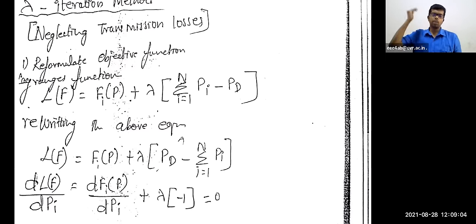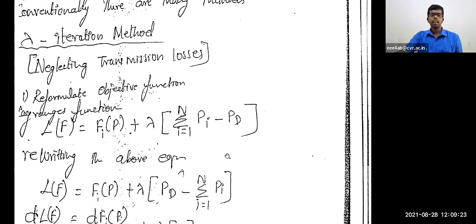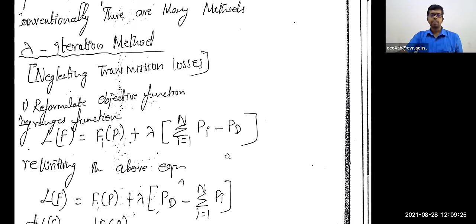If you take the load curve and load duration curve of a particular day, it might be increasing only. So we are taking this as demand PD minus sigma I is equal to 1 to n PI.